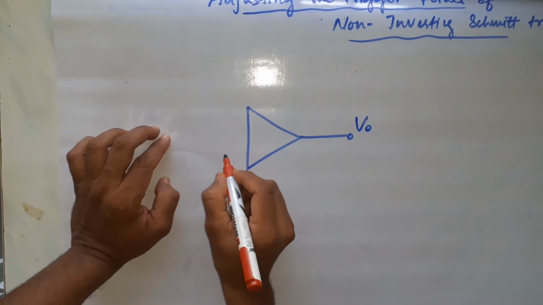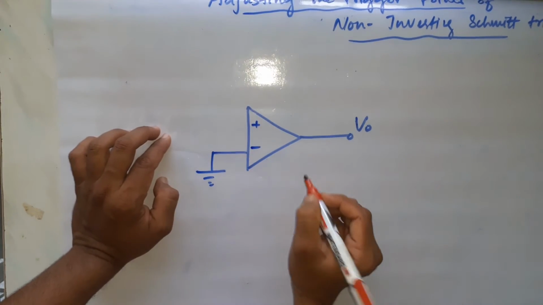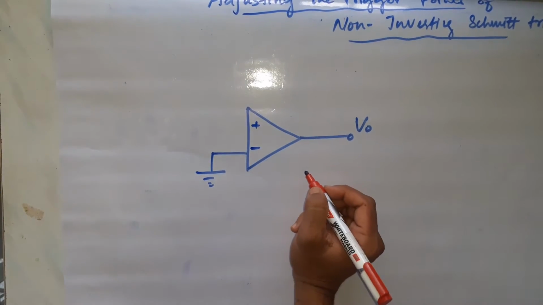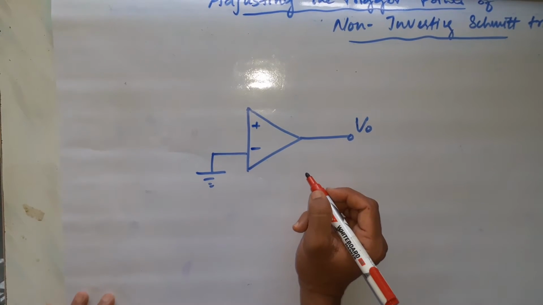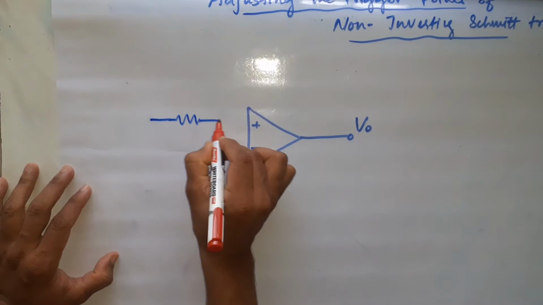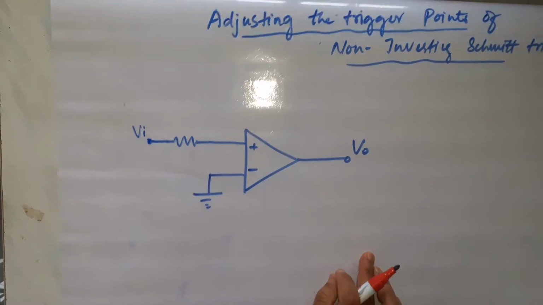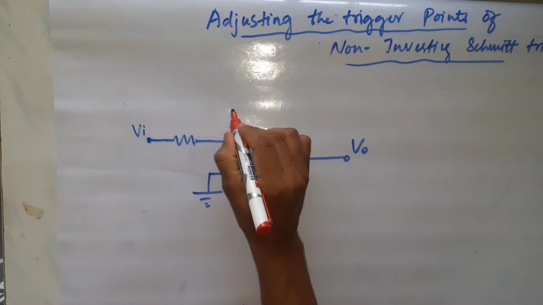V0, grounded, one input resistance, input, there was one feedback resistance, right?